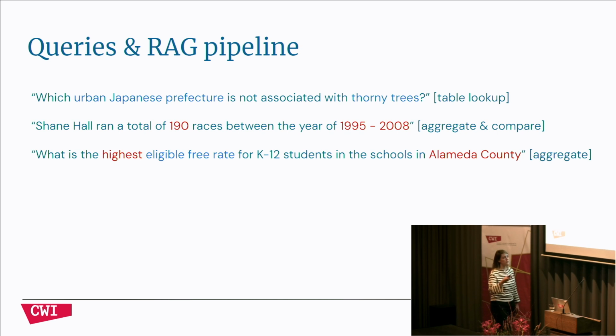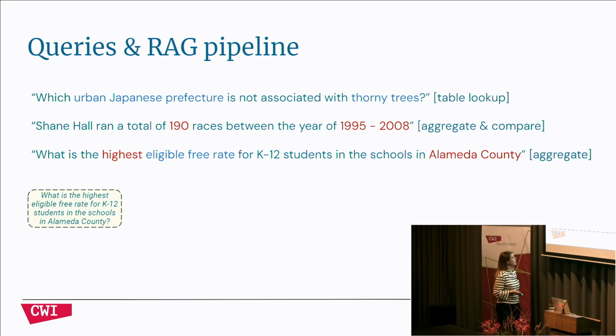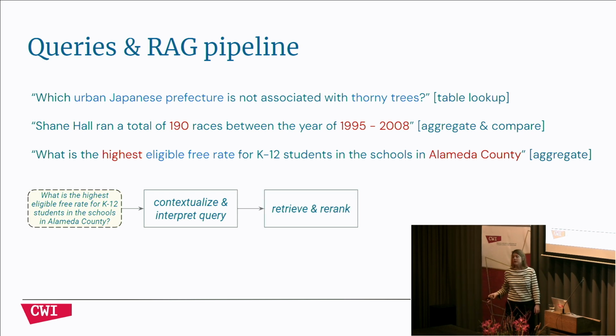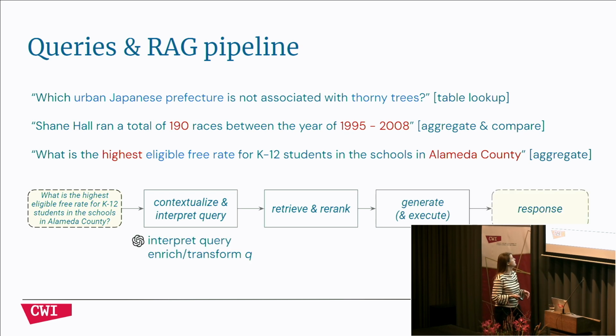Other questions, I think it's interesting to note that many of these questions actually involve aggregations, not only lookups, but also comparisons, etc. So yeah, great use case for structured data. What does such a pipeline look like? Well, first we contextualize and interpret the query. We then retrieve the data. We generate some answer, and we're happy.